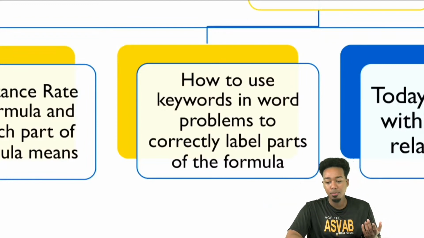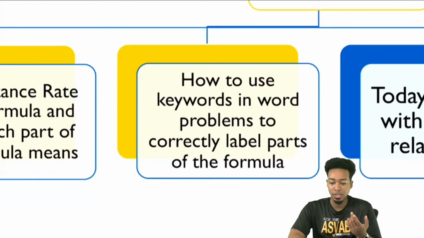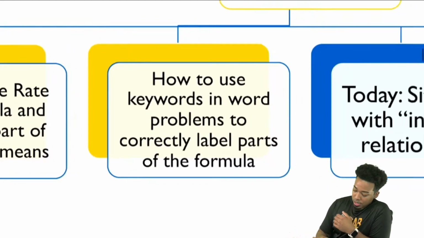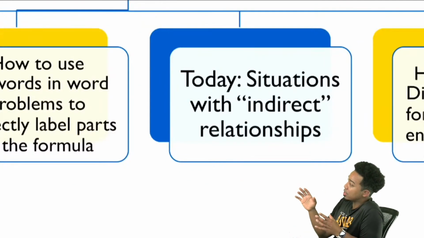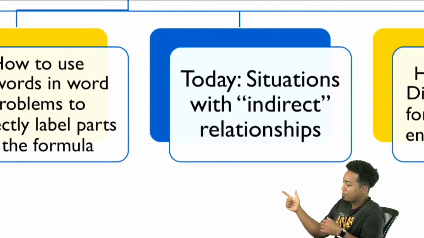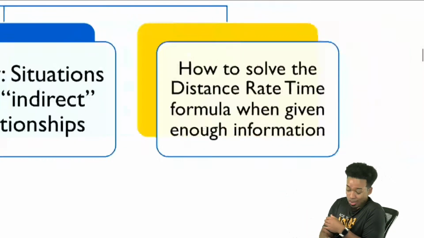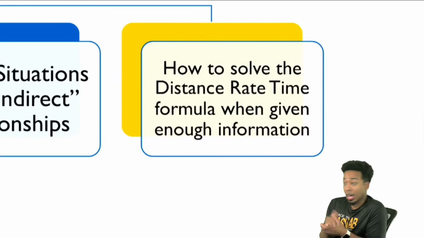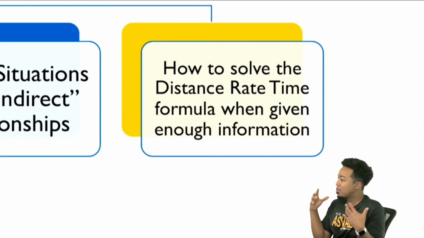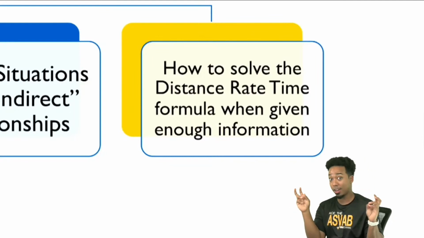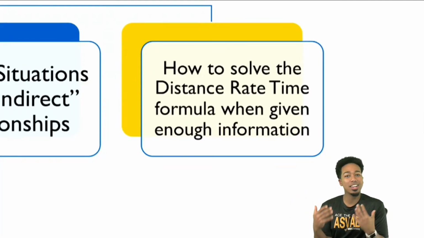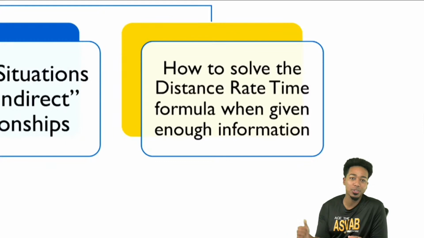You have to be careful about these things. Once you understand how the formula works and how to point things out in word problems, how do we solve those equations? How do we save as much time as possible? How do we use all of these tips, tricks, and strategies? When is it actually appropriate to use them? We'll learn that today.